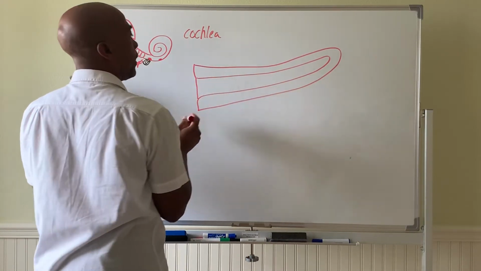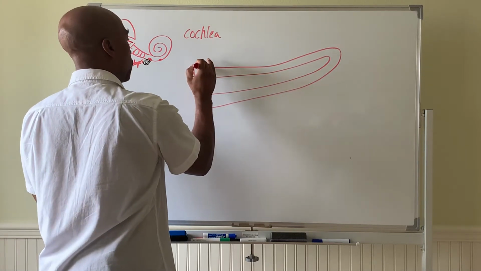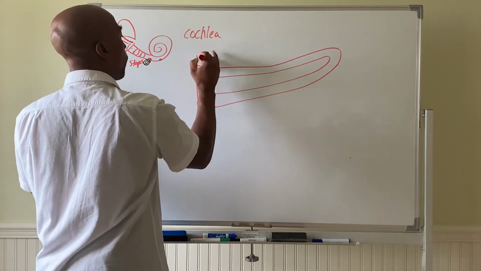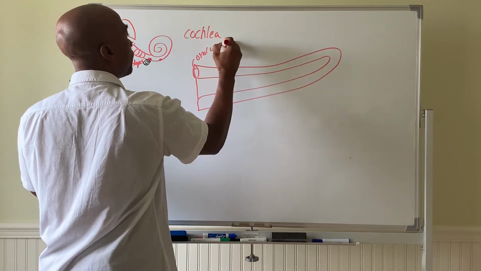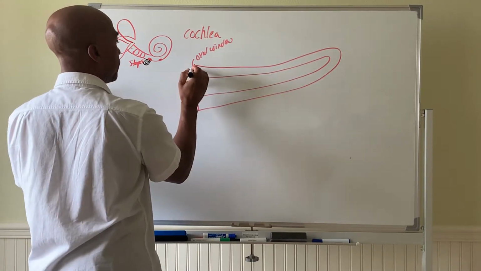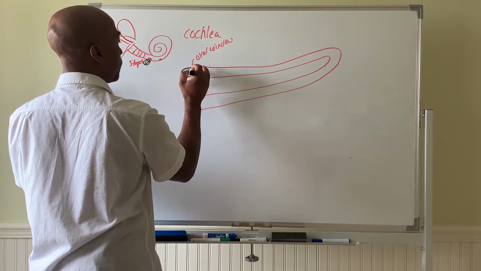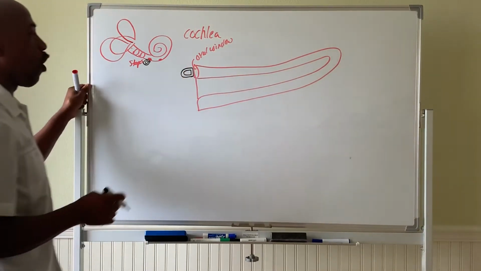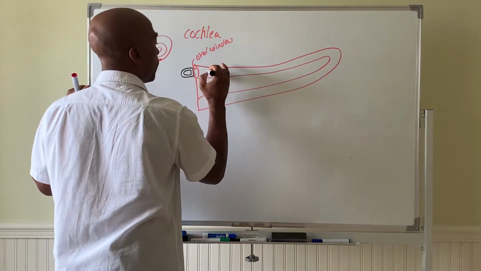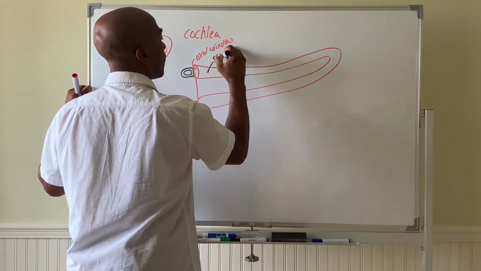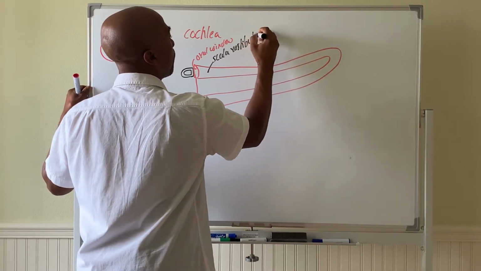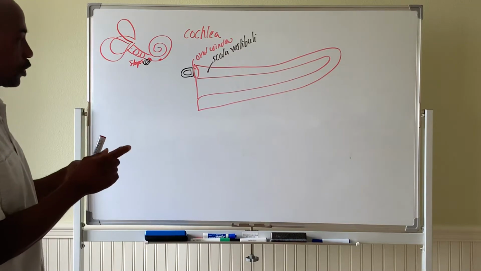The upper chamber is attached to your oval window, which is where the stapes is attached. That lets you into the upper chamber that we call your scala vestibuli. That's the upper chamber of the cochlea, or the outer chamber.